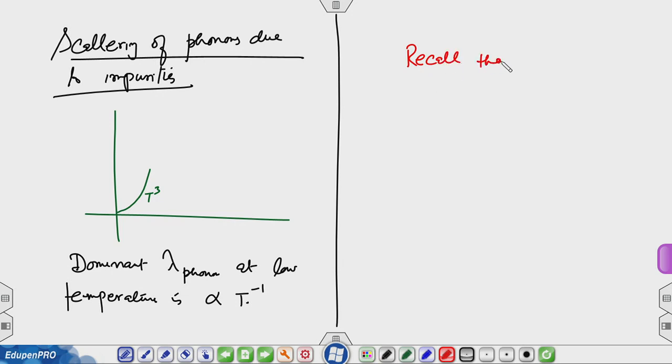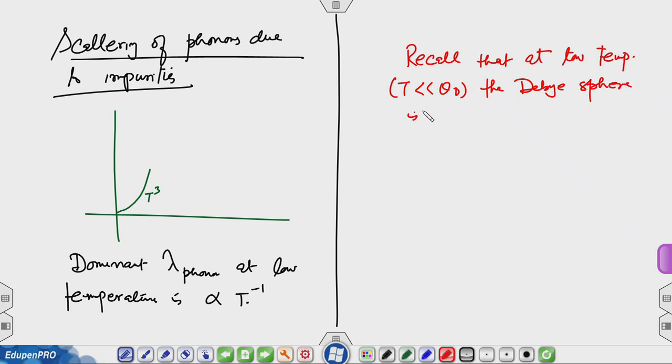For that I want you to recall that at low temperatures, that is T much less than theta d, the Debye sphere is filled up to k, which goes as T. This is from a previous lecture.